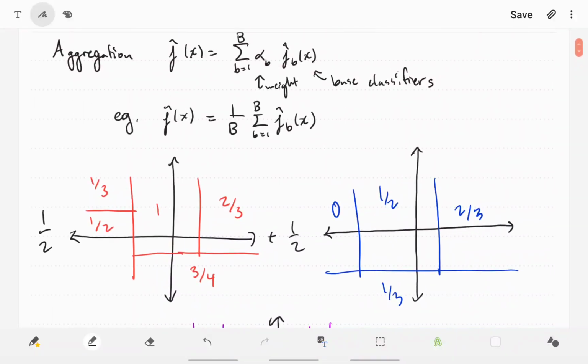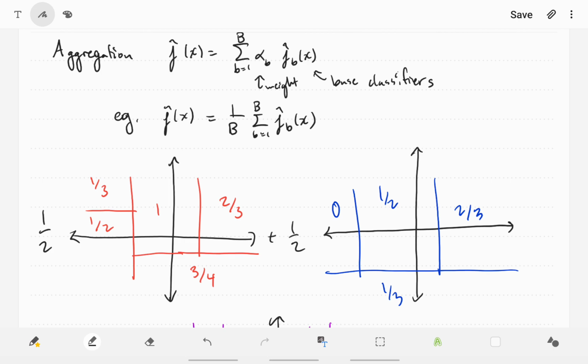Now, what is the effect of this if the base classifiers are trees? So let's think about this red and the blue decision trees here. These are depictions of different possible splits that we could have made for a given data set. Some of these splits are different in terms of which axis they use, and that's a good thing because then when we average, we're going to get something novel from this.